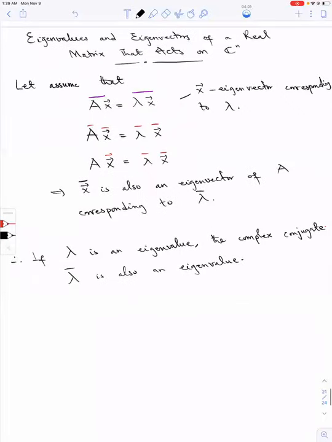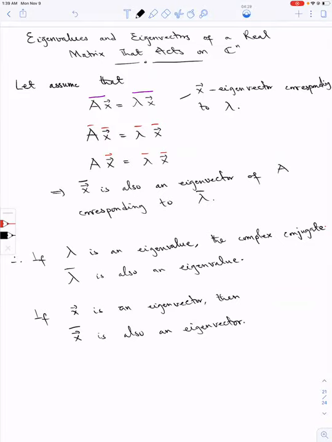Now, similarly, if x is an eigenvector, then the complex conjugate x bar is also an eigenvector.